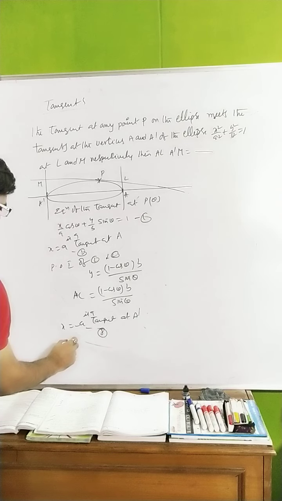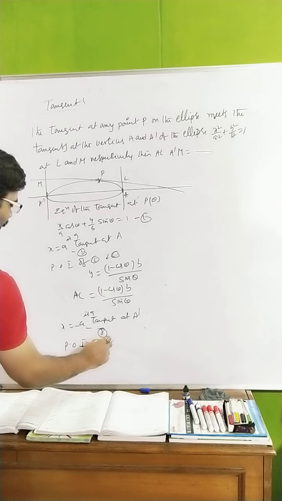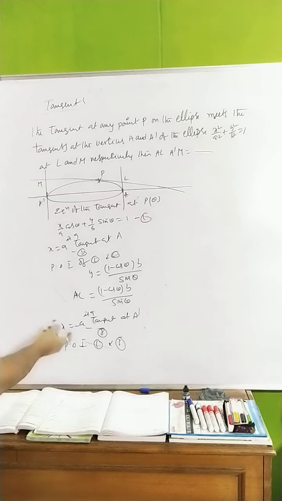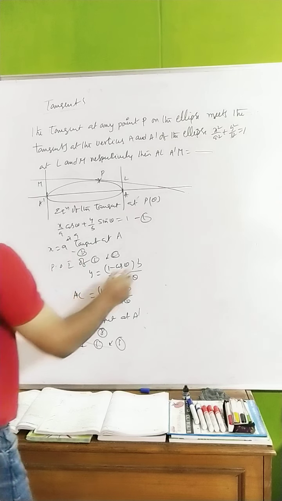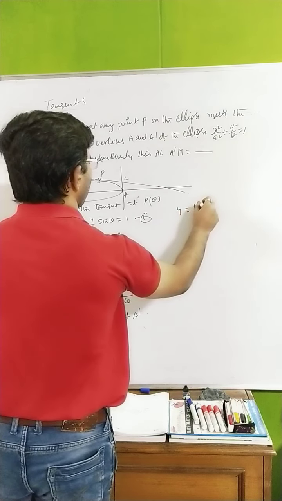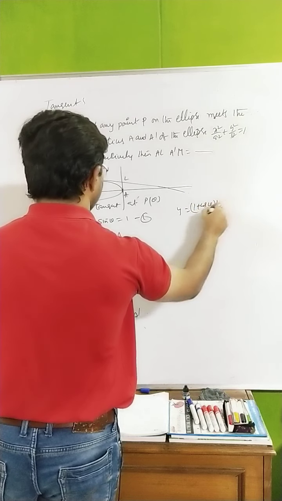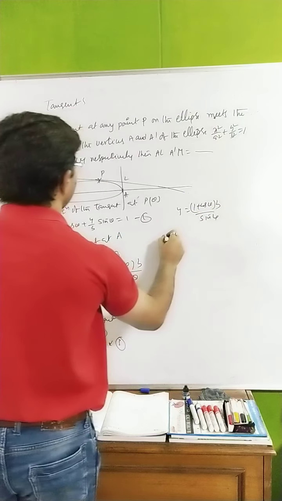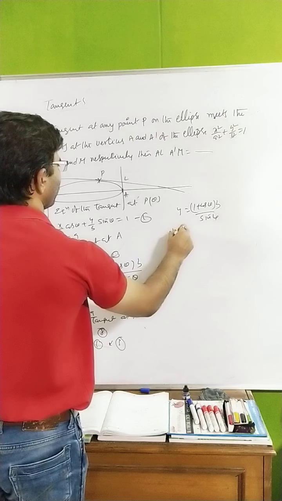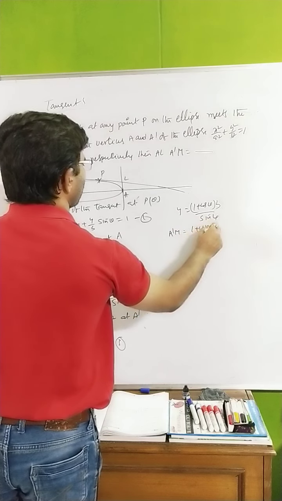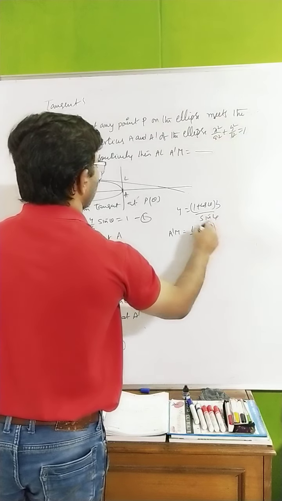So the point of intersection of 1 and 3, you will get y is equal to (1 plus cos theta) into b divided by sin theta, and that is nothing but A dash M.